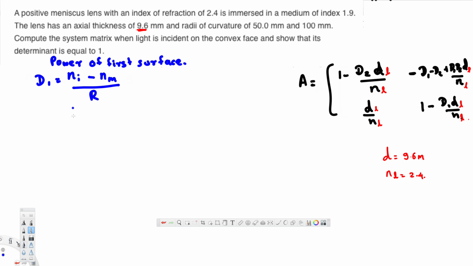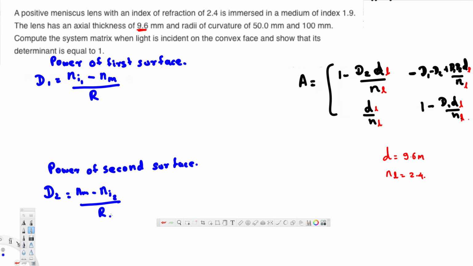Now we have to find the power of the second surface. Again D2, but in this case the medium is going to be first, minus n of the lens, and divided by the radius of curvature.